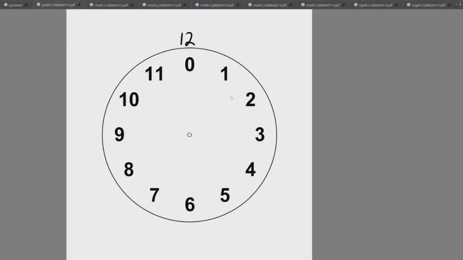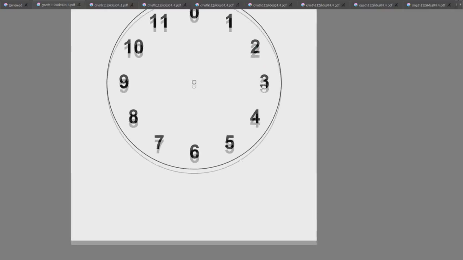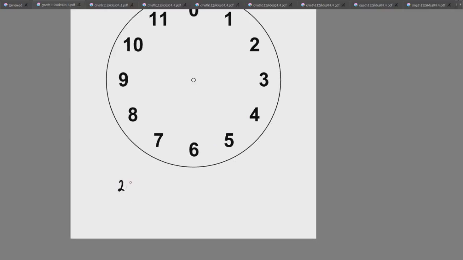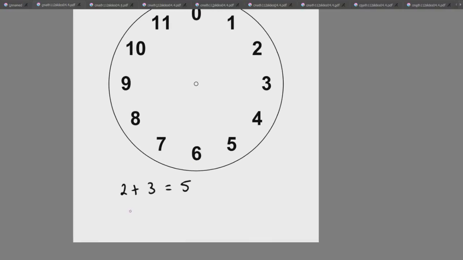And if you have, for example, 2 o'clock and you add 3 hours, yes, you'll get 5 o'clock. But if you have 10 o'clock and you're adding 4 hours, then it's 2 o'clock.